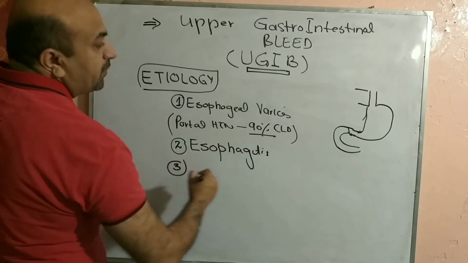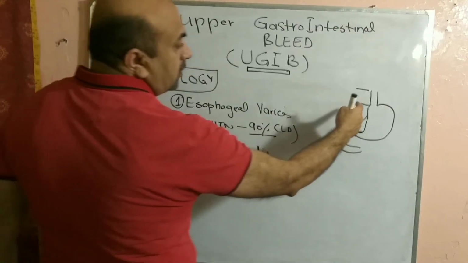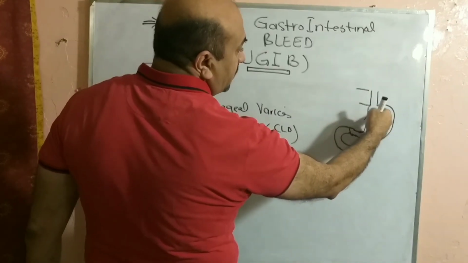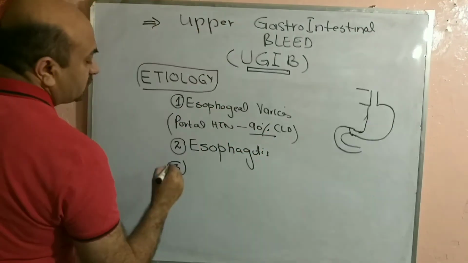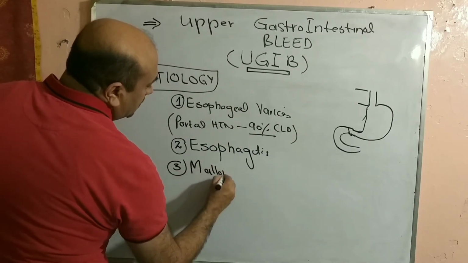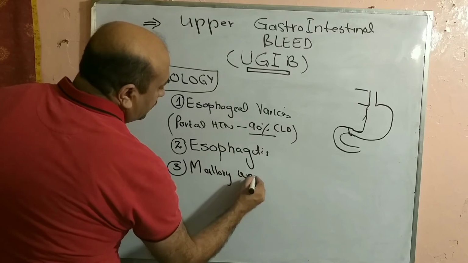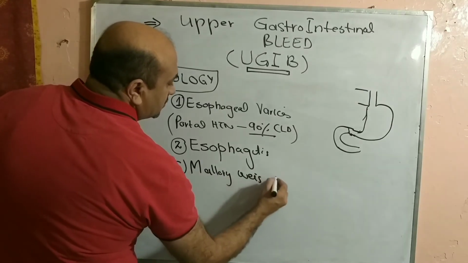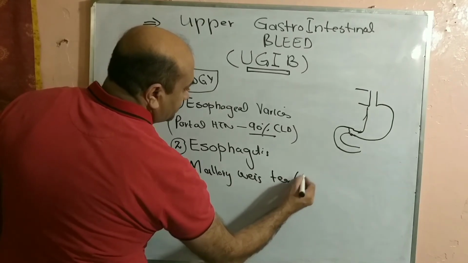Thirdly, if someone is vomiting very profusely, then the lower part of the esophagus or upper part of the stomach ruptures, which we call the Mallory-Weiss tear, or syndrome.